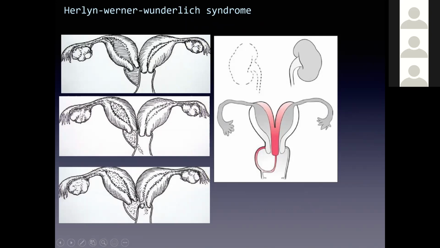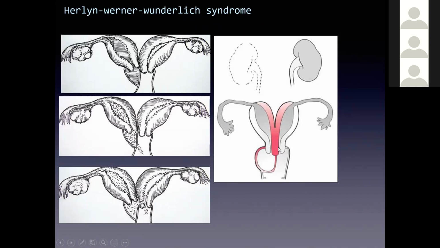You have a bicornuate uterus, you have two vaginal canals, but one vaginal canal is terminally occluded and the other vagina is patent, allowing menstruation. So when the girl starts puberty, she'll menstruate through the patent one, but the obstructed one will cause severe pain. It will cause accumulation of blood in the vagina, causing hematocolpos, and in the uterus, causing hematometra, and it will present with severe dysmenorrhea, which lasts throughout the menstrual cycle.